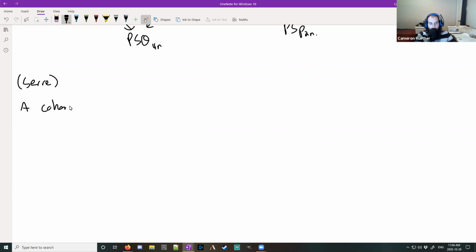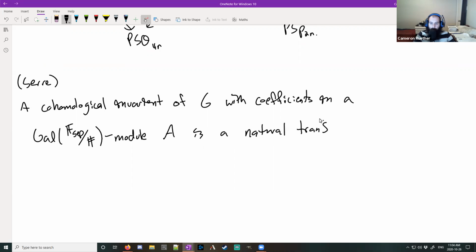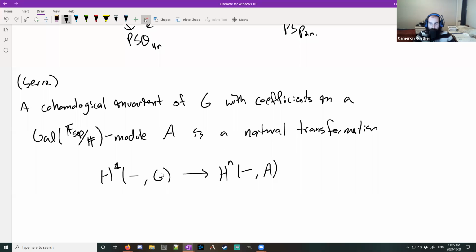A cohomological invariant of G with coefficients in A, where A is a module over the Galois group of the separable closure of F over F, so a Galois module A, is a natural transformation from the first Galois cohomology of G into some nth cohomology of the module A. This is sort of the general setup.